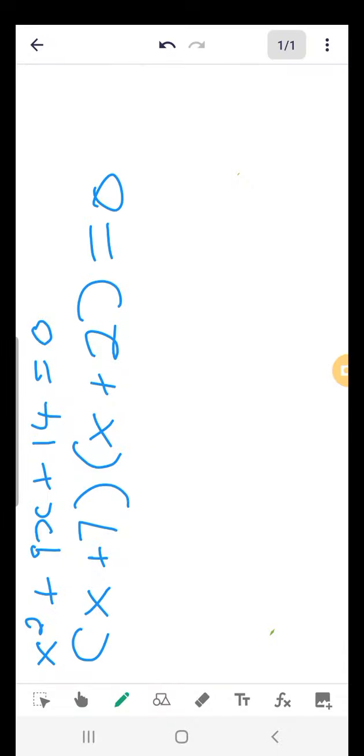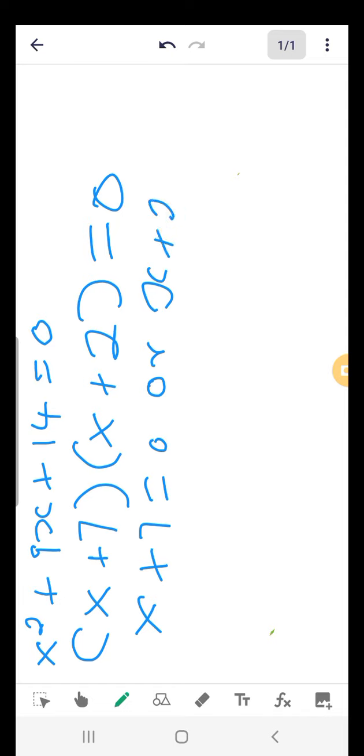Now here we have x plus 7 is equal to 0, or x plus 2 is equal to 0. First of all, we can start with x plus 7. It's going to be x plus 7 is equal to 0, or x plus 2 is equal to 0.